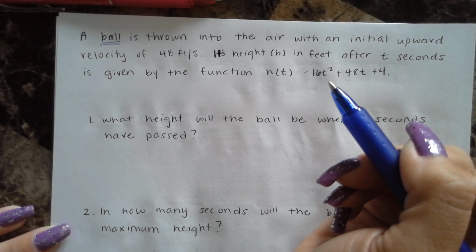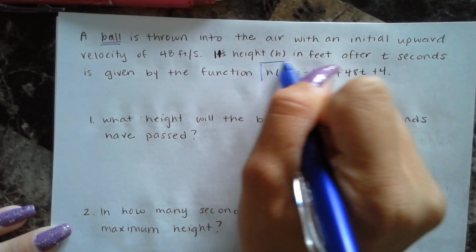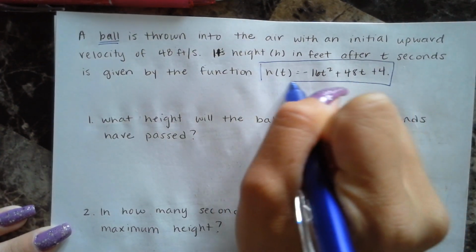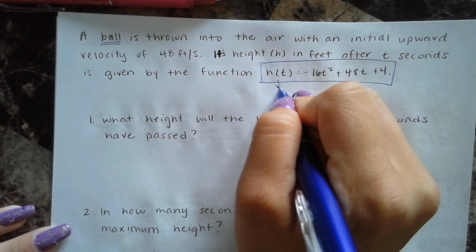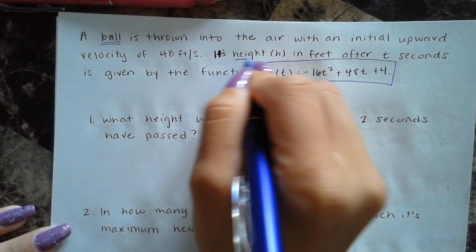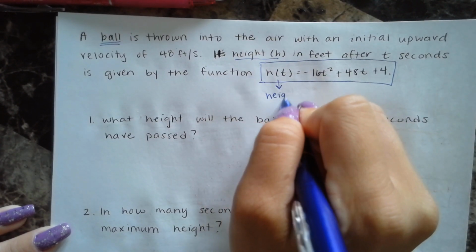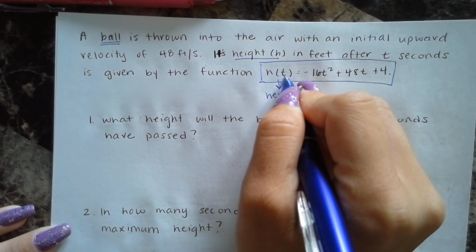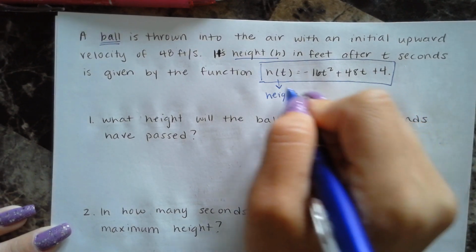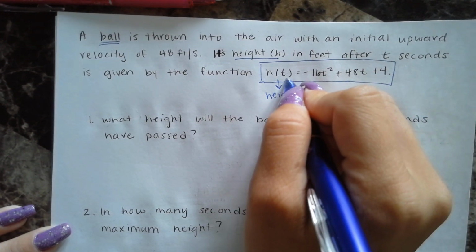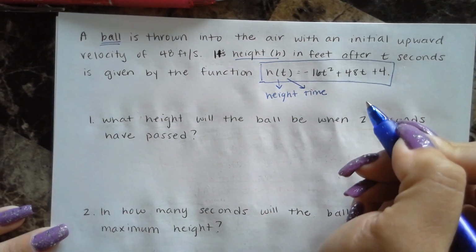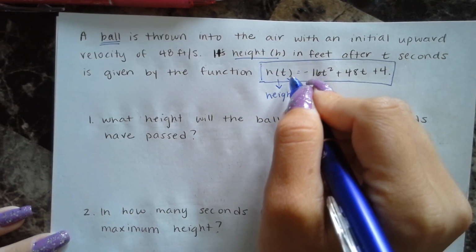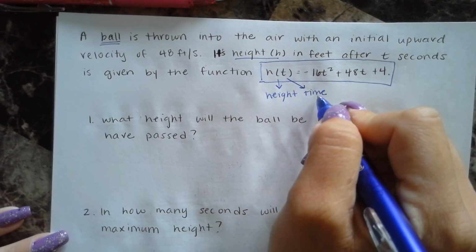Another very important aspect is the actual equation itself. Always have the equation in mind, okay? So we know that this, as they told us, is the height per the t, which is t seconds, and t is time. So really this is your height per your time.